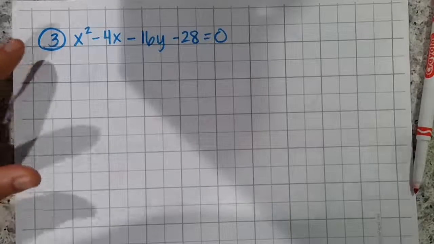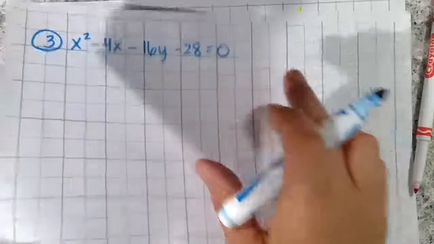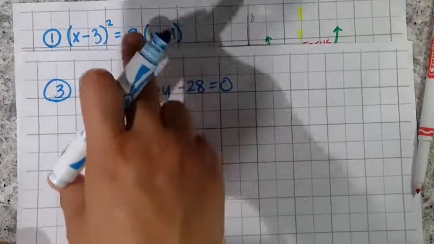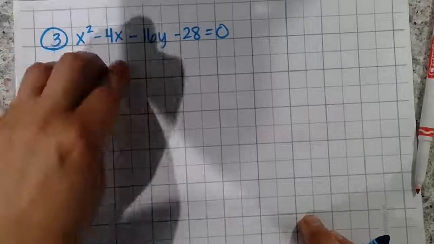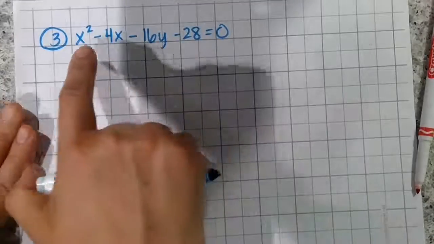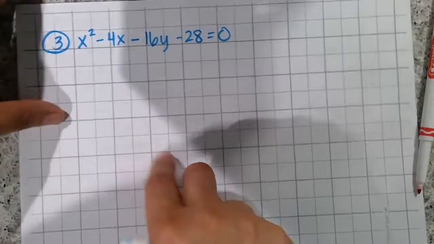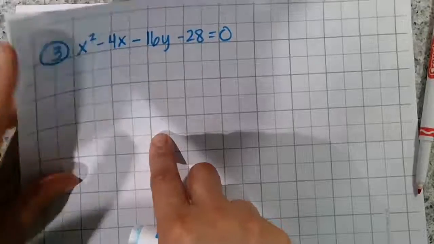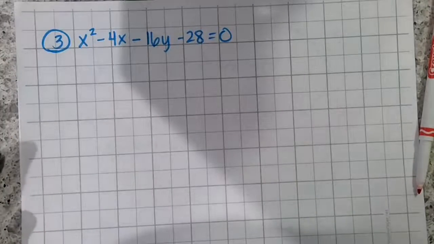Okay, problem 3. Again, it is in general form. That's not going to help me. So I need to move things around and complete the square so it looks something like standard form. Get your x's together. And again, how do I know what to keep here? Whatever is squared is the one that you're going to want to keep on the left-hand side so that it goes to the formula.